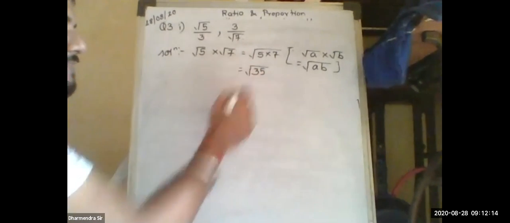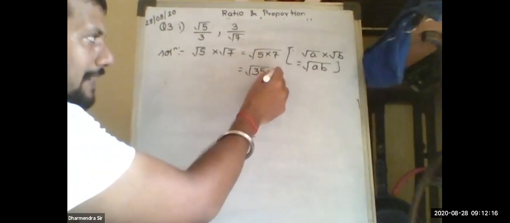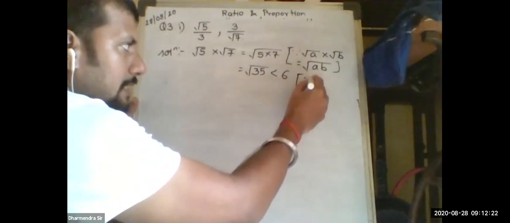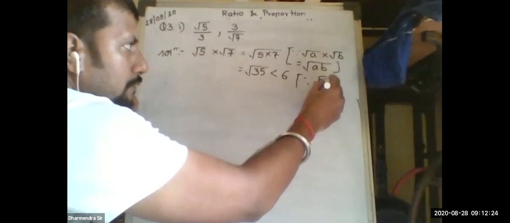And from this, we can understand this part is less than 6. Yes or no? Because we know that root of 36 is 6. As we are having root of 35, it is very clear that root of 36 is 6, and root of 35 will be a little bit less than 6. So from here we can conclude that it is less than 6.